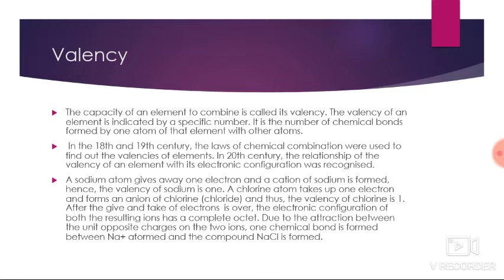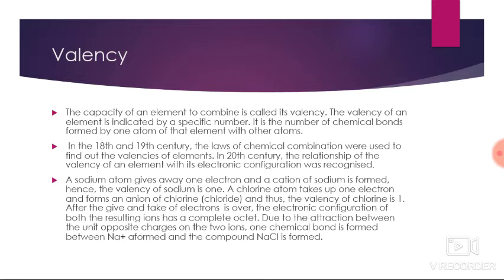A sodium atom gives away one electron and a cation of sodium is formed. Hence, the valency of sodium is 1. A chlorine atom takes up one electron and forms an anion of chlorine, chloride, and thus the valency of chlorine is 1.